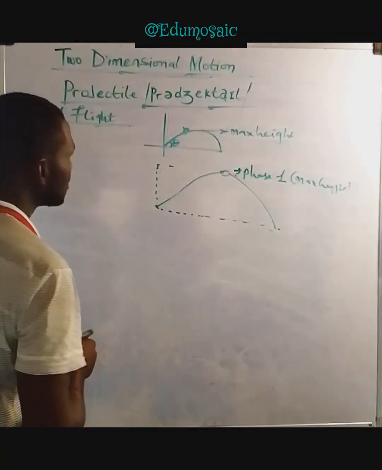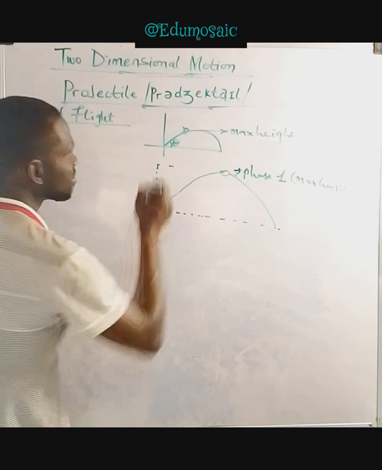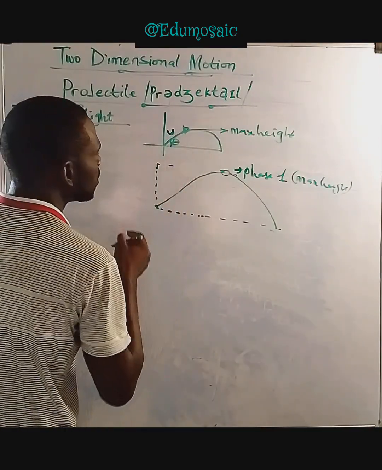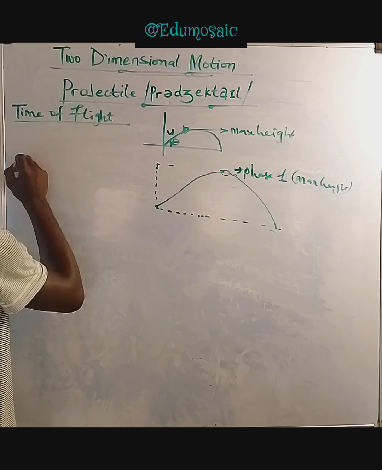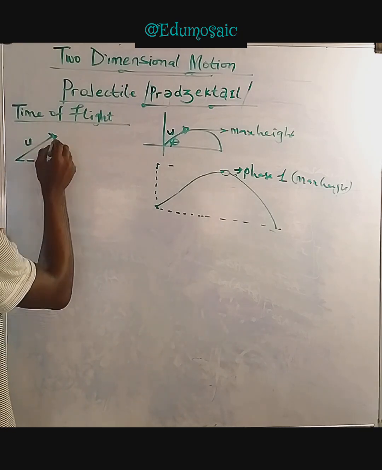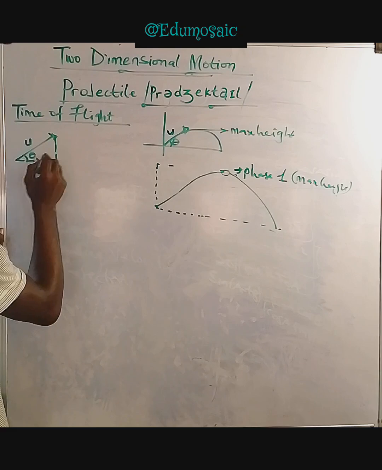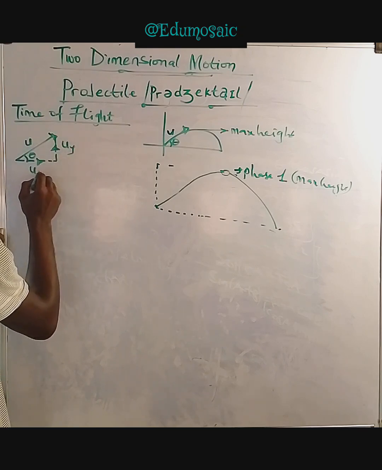Don't forget, we're going to be needing the knowledge of SOHCAHTOA, very important. So this is the initial speed. For the fact that the body is being shot with this velocity, it means it's going to move in two dimensions. That's what I call two-dimensional motion. The body is projected at angle theta against the horizontal, so it's going to cover two dimensions, one along the y-axis and one along the x-axis.